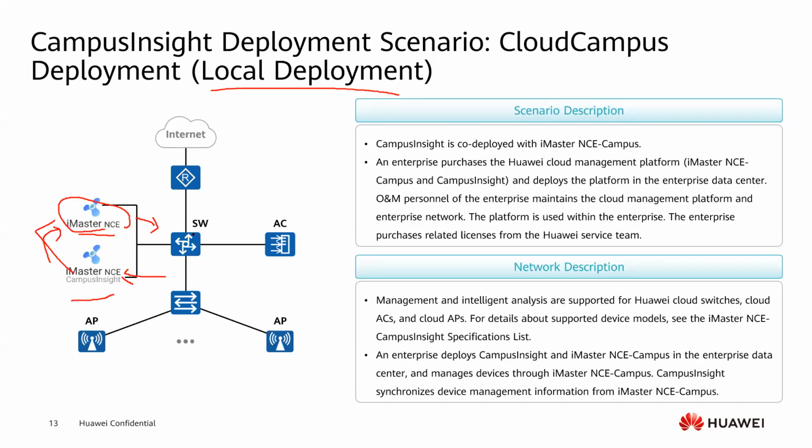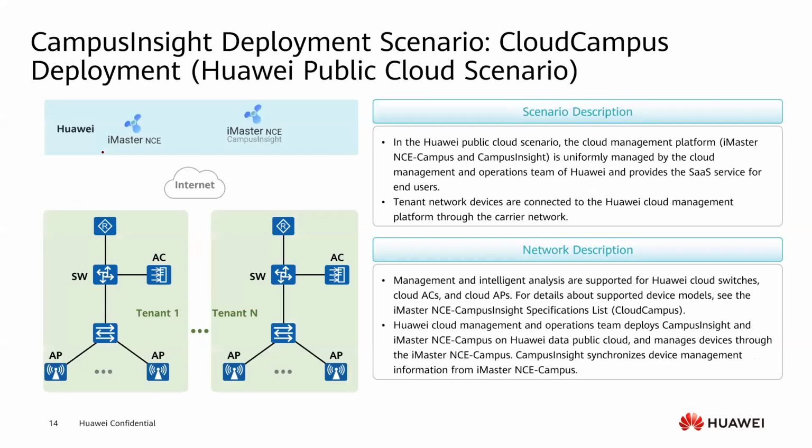So as usual, we will deploy the controller and the analyzer together in our data center. This scenario is also for large and medium-sized campus networks. As well, you can just buy or rent the services from the Huawei platform.